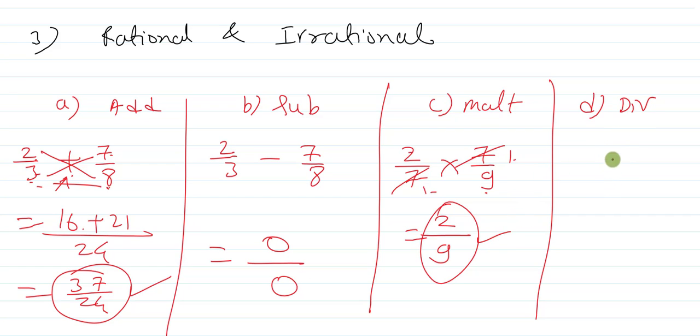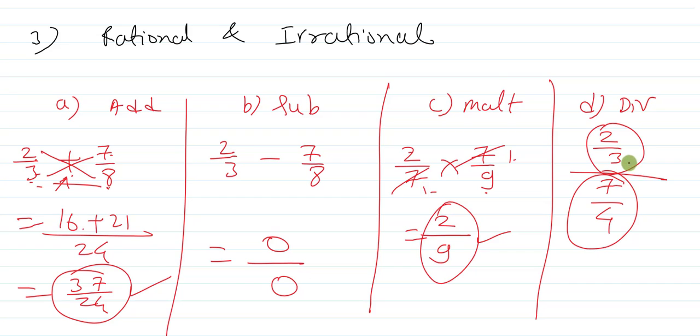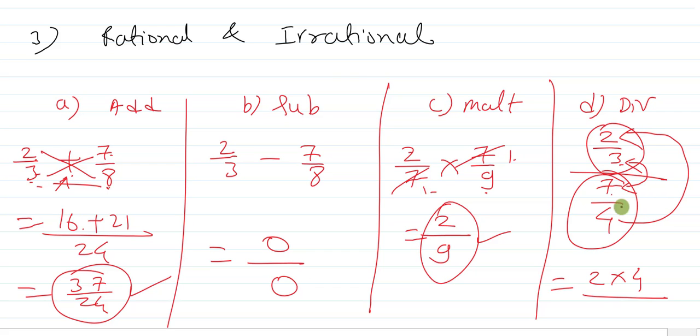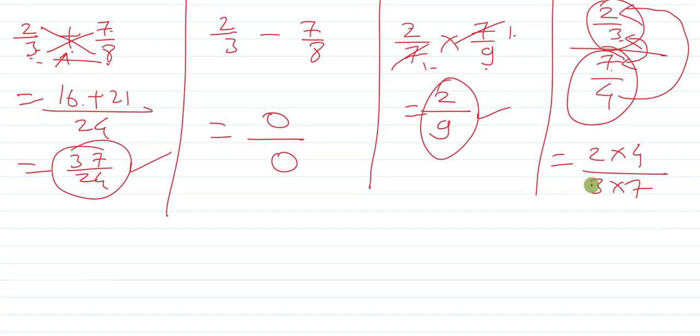That means if we multiply two rational numbers, the answer will be a rational number. Same will happen for the division of rational numbers: 2 by 3 upon 7 by 4. How to solve such a question? When you have a fraction in the numerator and again in the denominator a fraction, just multiply, and the denominator will go to the numerator. So the answer will be 2 into 4 upon 3 into 7, which is 8 upon 21.